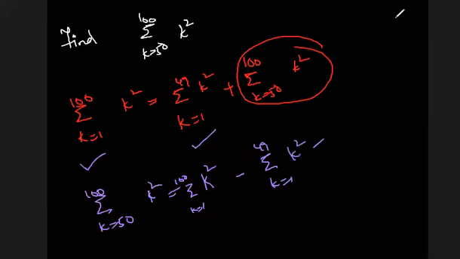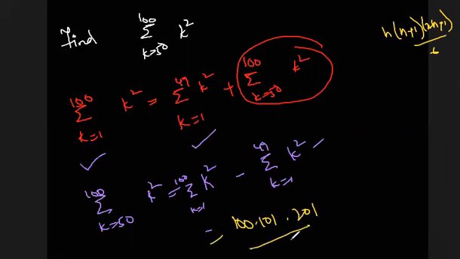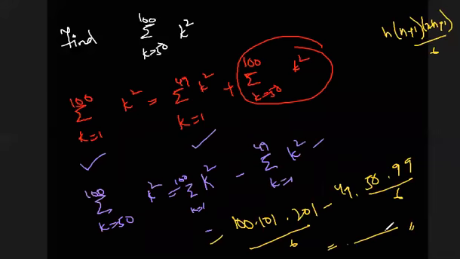So this can be written as, if you remember, the formula was n into n plus 1 into 2n plus 1 by 6. So over here this is written as 100 into 101 into 201 by 6 minus 49 into 50 into 99 by 6. Whatever is the result, you can calculate it, but this is the way you solve the problem.